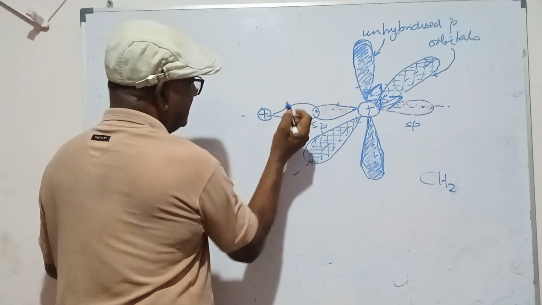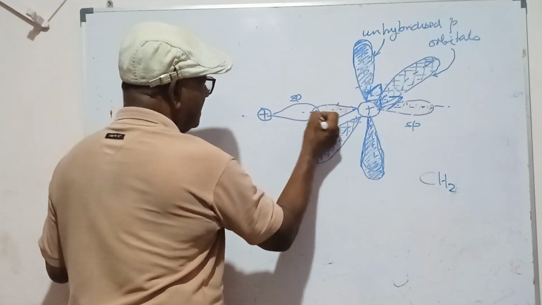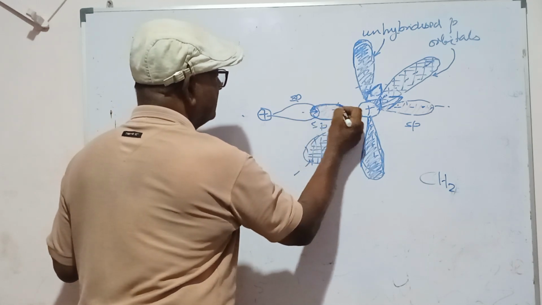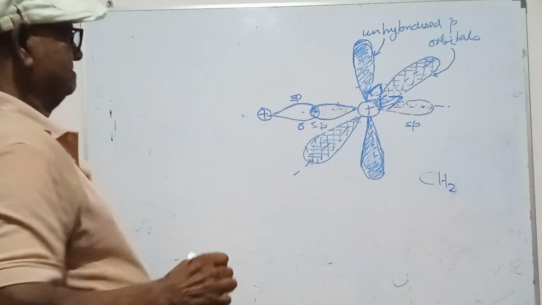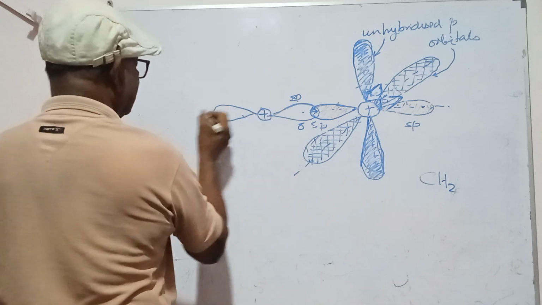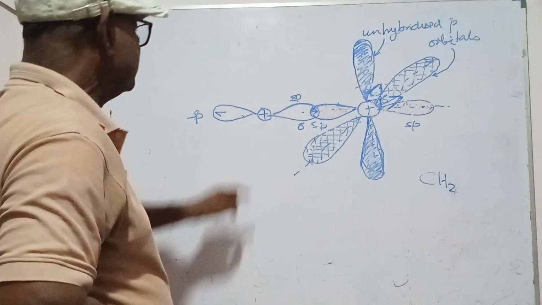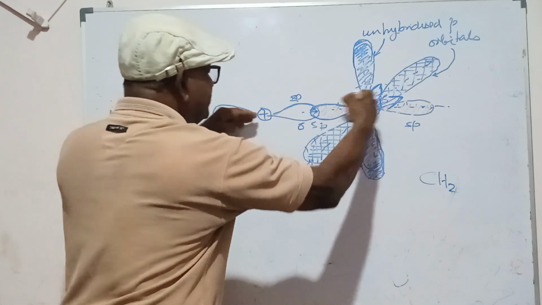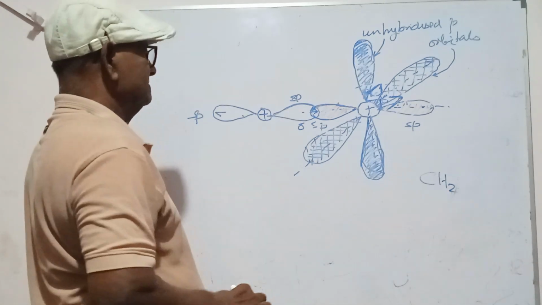Then these are linearly overlapping, forming a sigma covalent bond. So the other sp hybridized carbon orbital is here. These are the other sp hybridized orbitals of this carbon atom. Thus, two carbon atoms are joined to each other with the sigma covalent bond.